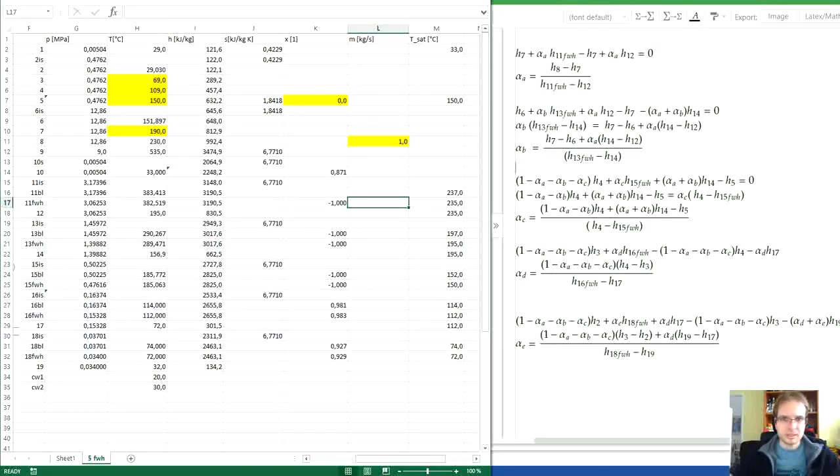So now we can implement our equations for the bleed steam mass flow rates into our file. So we have the reference mass flow rate here at point number 8, and at point number 11 we will have the alpha A, so it's H8 minus H7 divided by H11 feedwater heater minus H12.